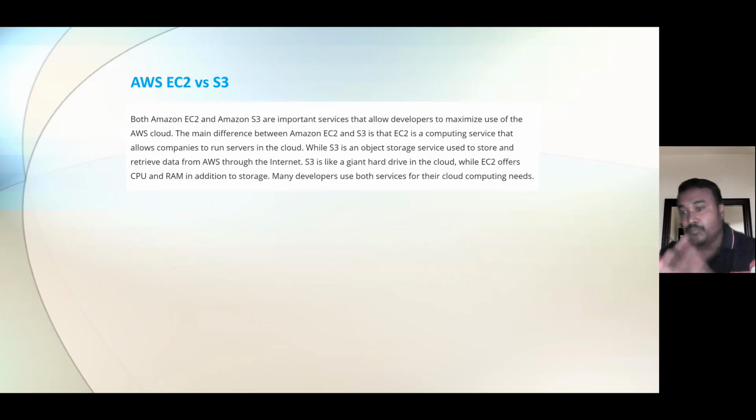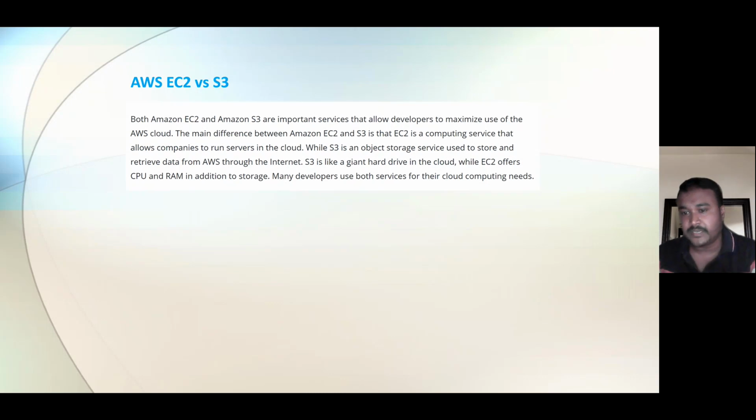Then the most important services, right? EC2 and S3. What is the difference basically? EC2 and S3 are two popular services. Most developers, learners, and industries use these two services. They are very common and popular. But the difference is that EC2 is cloud computing, an instance where you can launch your application, and S3 is storage, basically object-level storage.